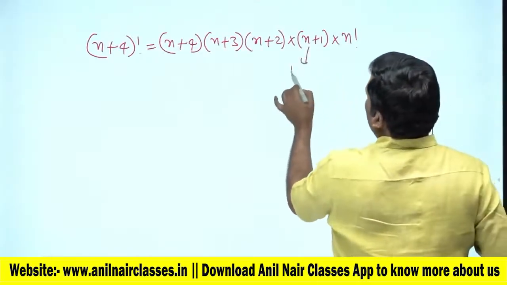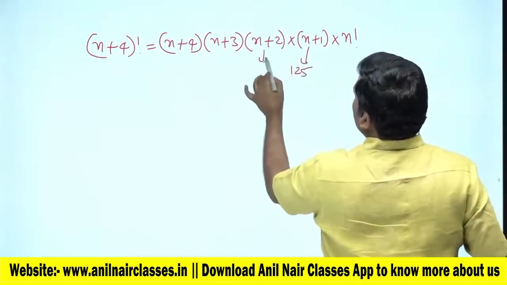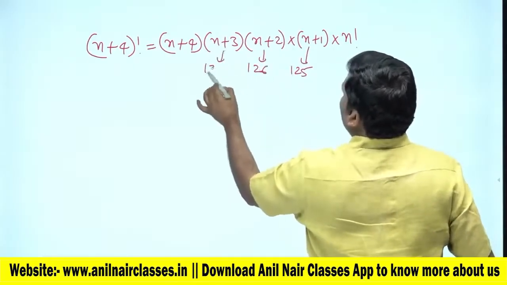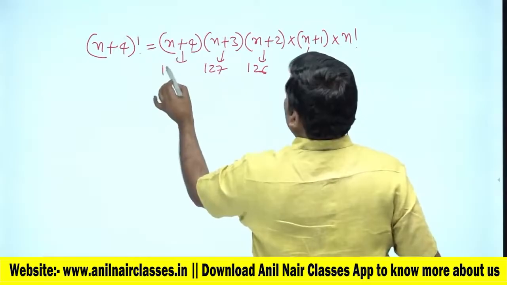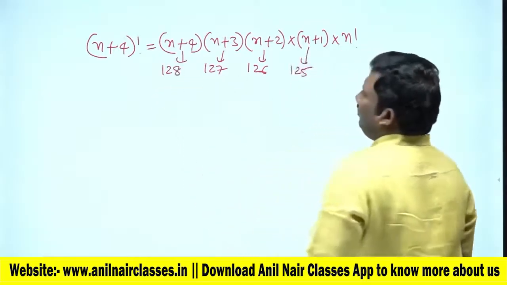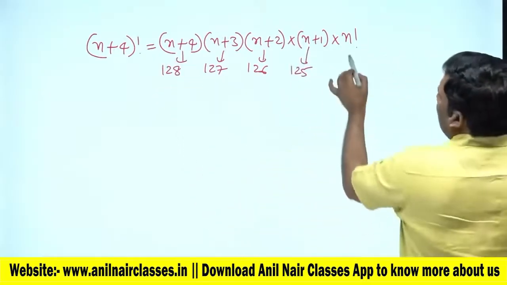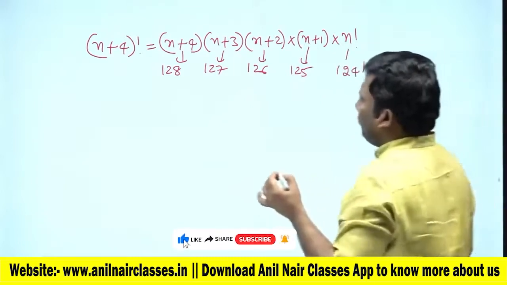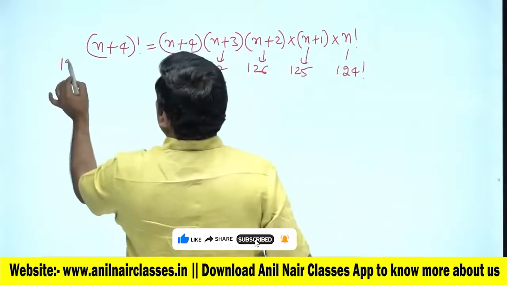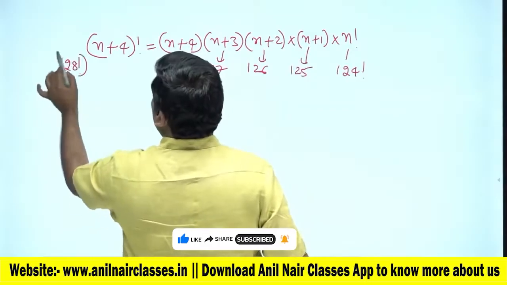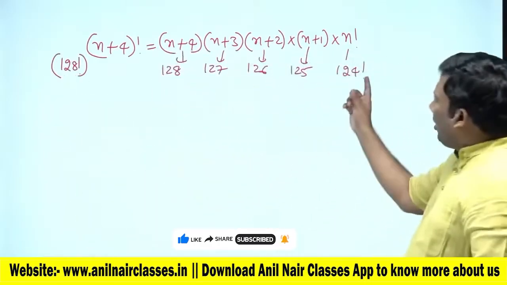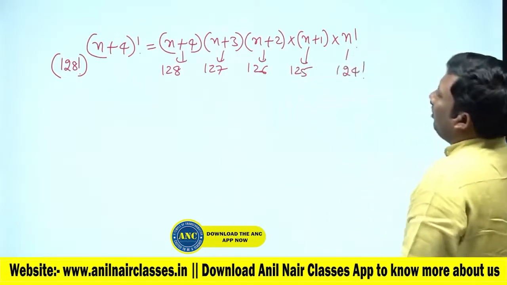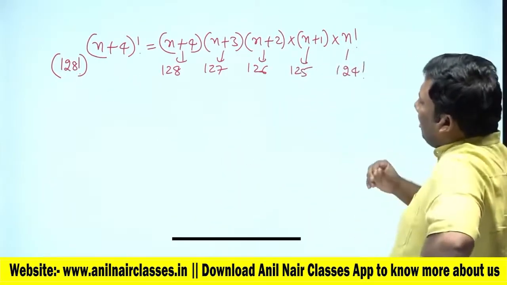If this is 125, this is 126, this is 127, this is 128. This is 124 factorial. This will be 128 factorial. Are you all with me? 124, 128.